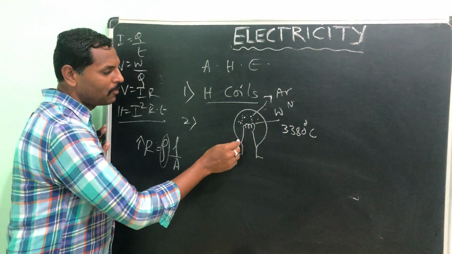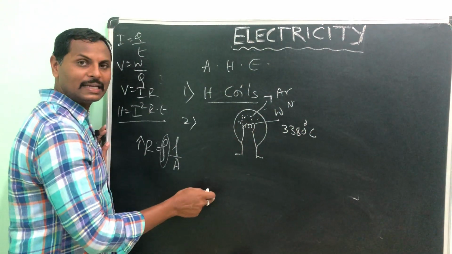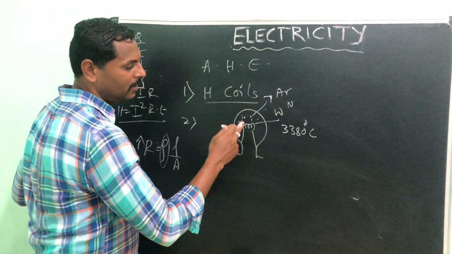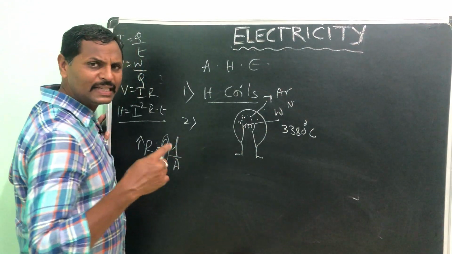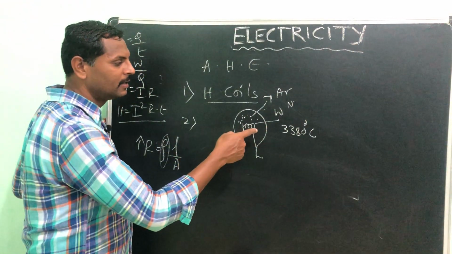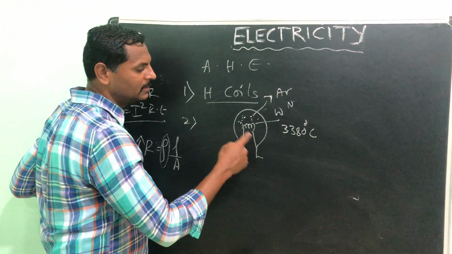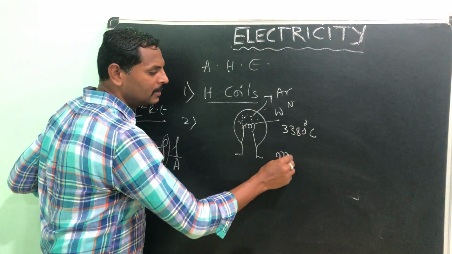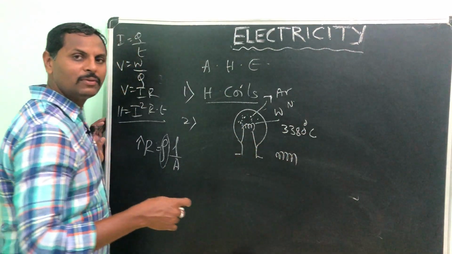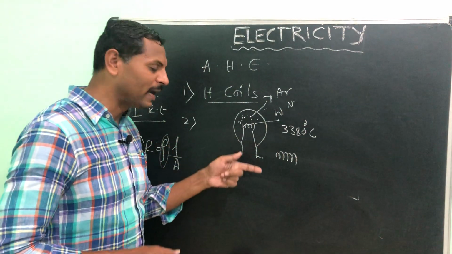Okay, and if you pass the current in it, once again, tungsten wire is made into very thin wire, and its length is diminished by coiling it.